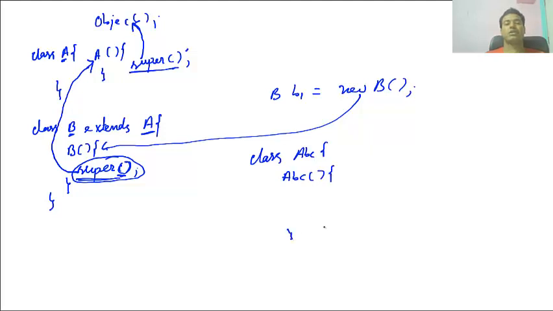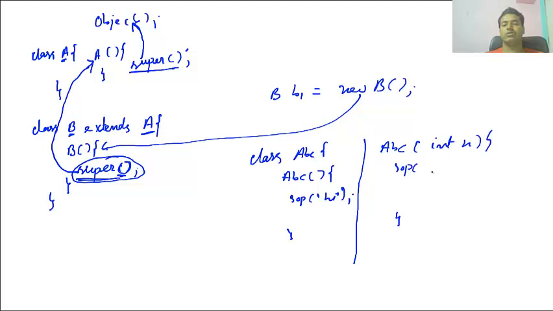One default constructor is there in this, and I have some statement, say an SOP statement, something like height is printing. Then I have one more constructor of the same class, ABC with int x argument, and in that one SOP statement says hi, right?